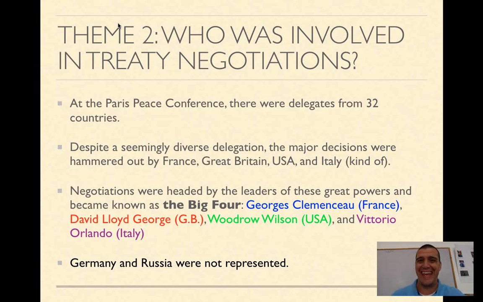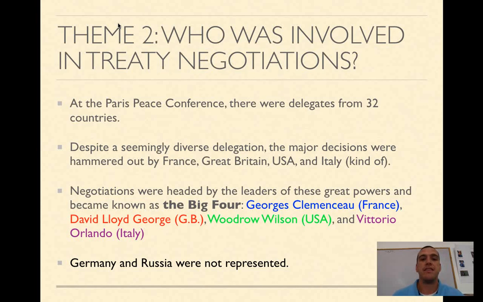And it wasn't just anybody representing France, Great Britain, USA, and Italy. It wasn't some ambassador or some delegate. It was the heads of state, like the president or prime minister. These were the ones deciding the future of what would become Europe and, basically, colonial territories.